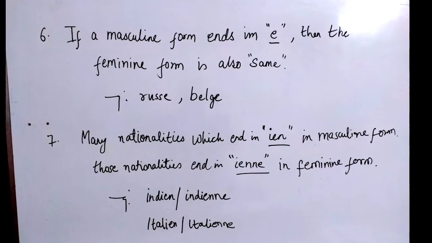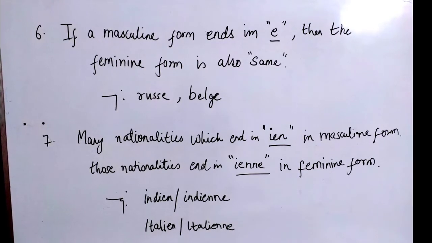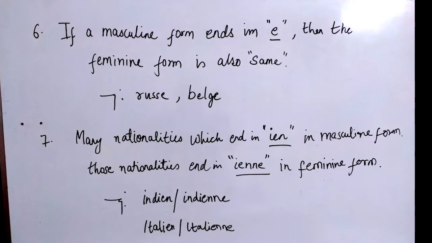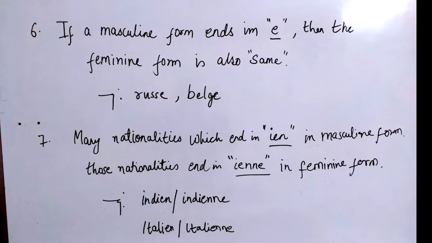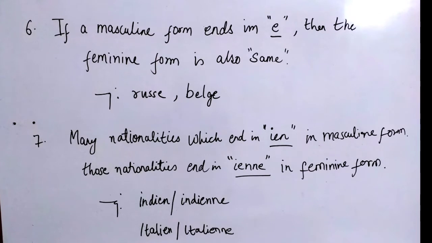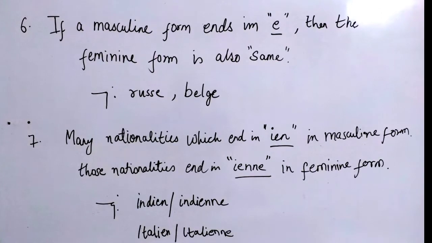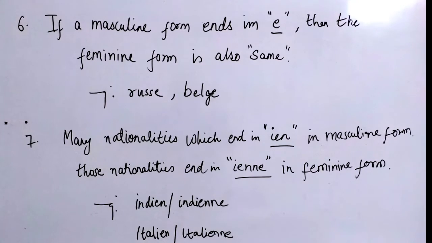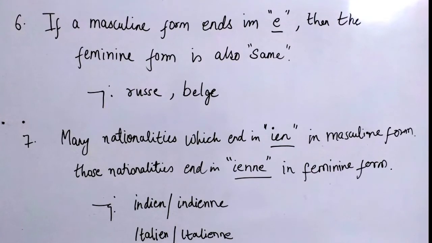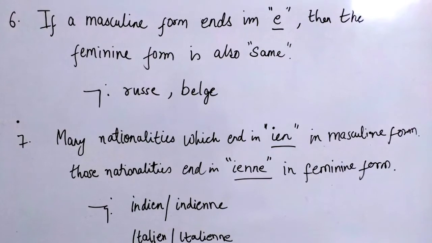So to make it feminine, just add an extra NE to it. We can have a look at the example, like indien. This is a masculine form. Now to convert it into the feminine one, you just need to add an extra N and E: indienne. Same goes with italien.